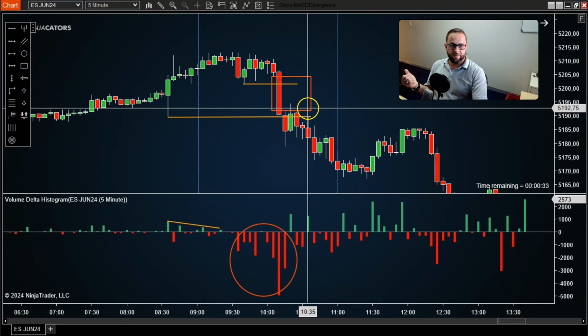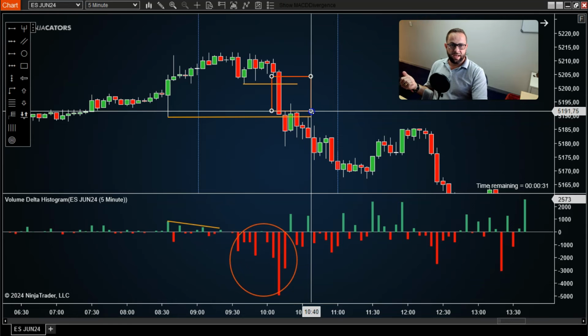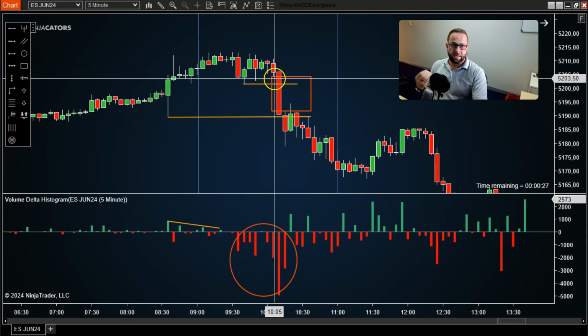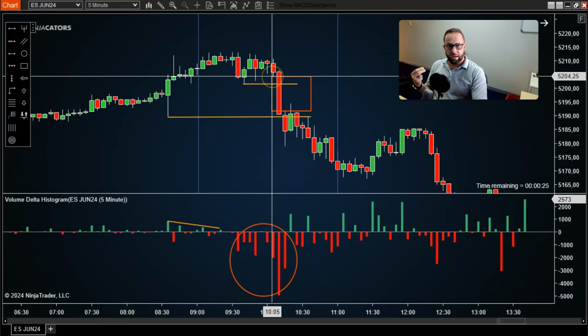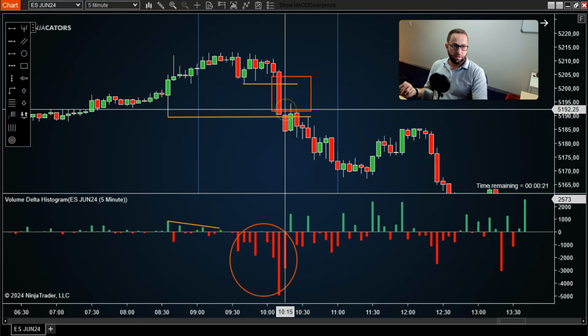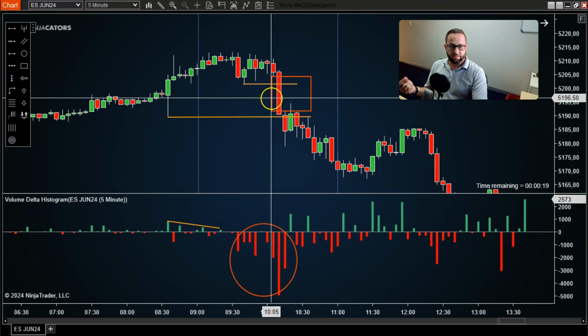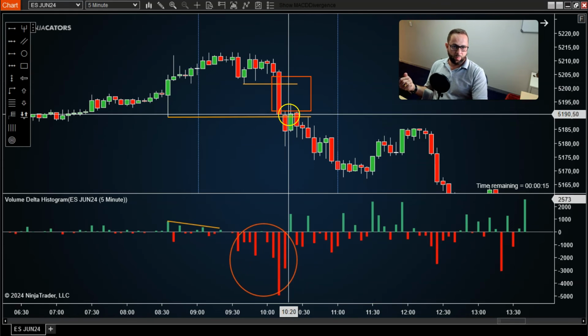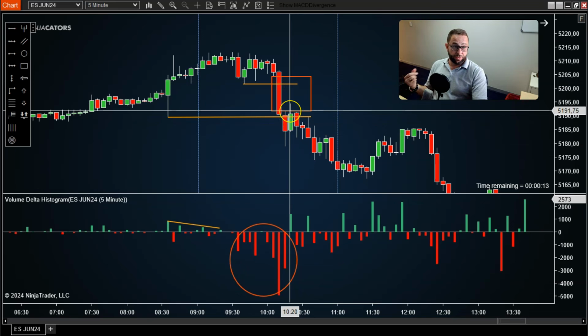What happens with a fair value gap is that there's a gap that forms, in this case with price moving to the downside, between the low of the first candle and the high of the third candle, created by the second candle here. And that's typically the area where we have our trade entry location.